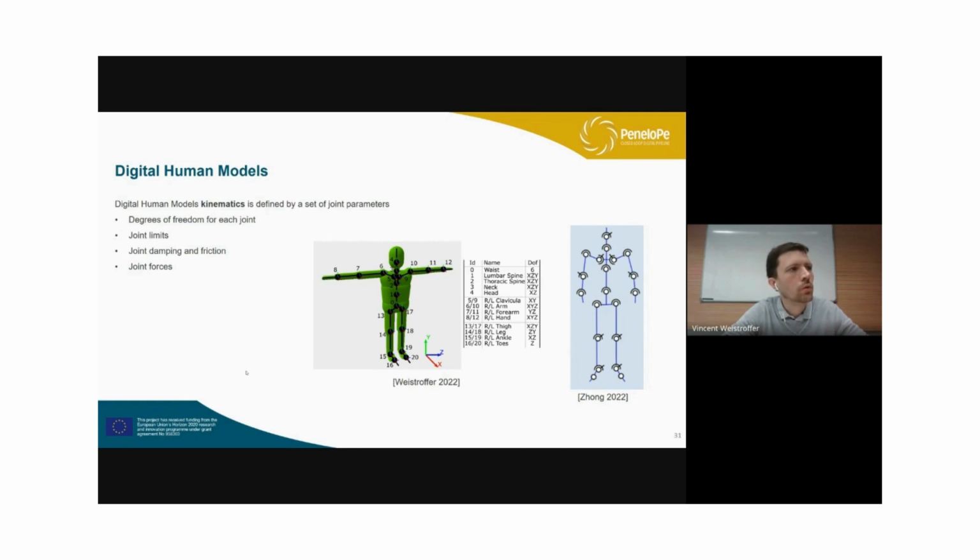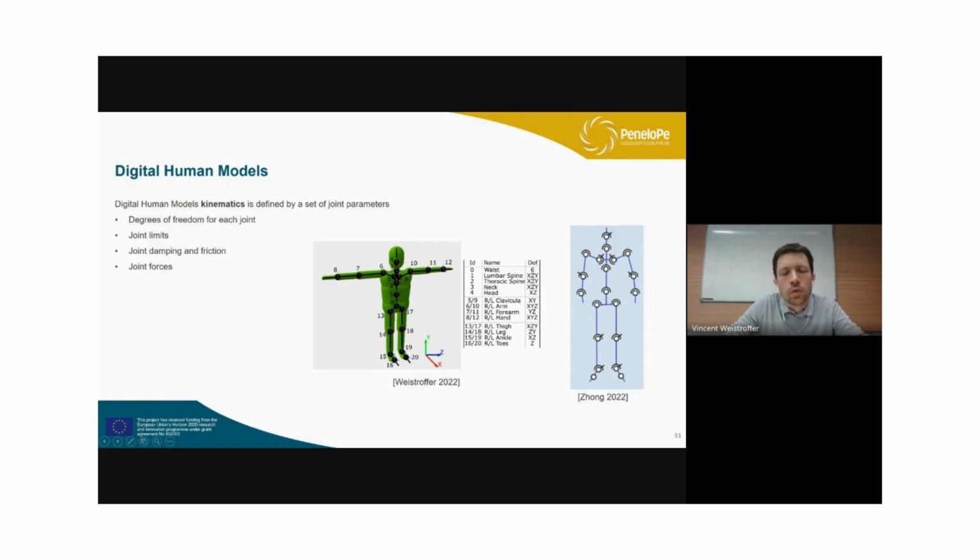Here you have two examples of digital human model kinematics. So for the one in the middle, you see the whole hierarchy of bones, and for each bone you see each degree of freedom. So the waist is a free-floating base, so you have 6 degrees of freedom in space, so the position and the rotation. Then the first segment is the lumbar spine.